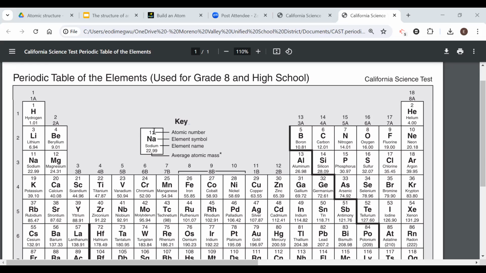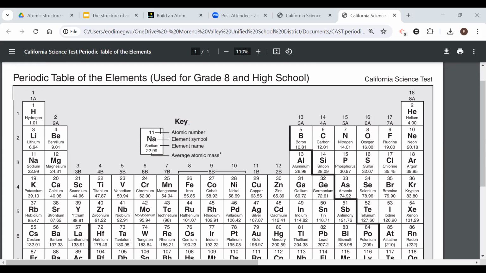The number on top here is called the atomic number. This is called the element symbol, like we looked at in the last video or two videos. Then the element name, like this one is sodium. The symbol is Na. Then the average atomic mass is this number below. Okay?